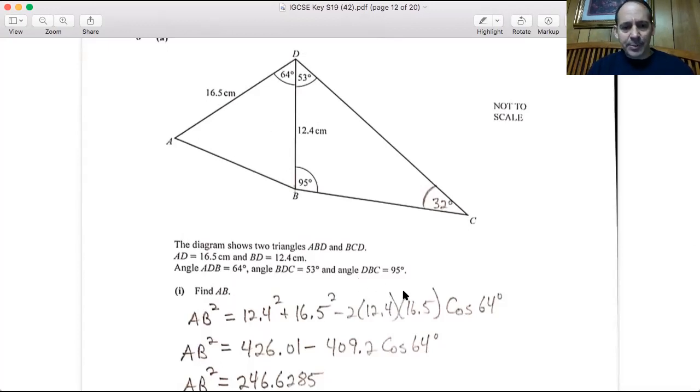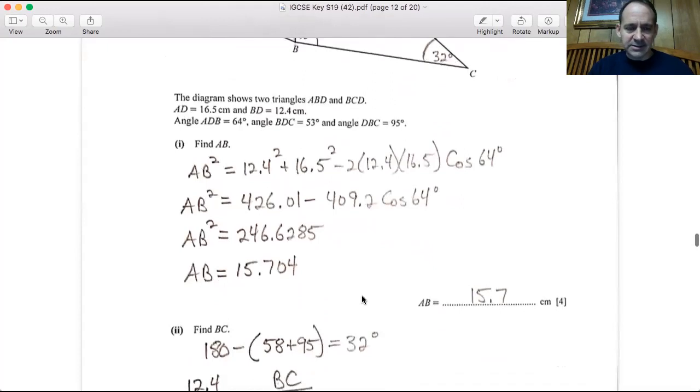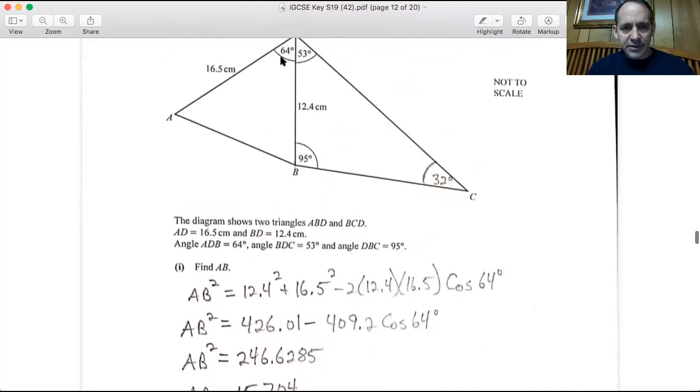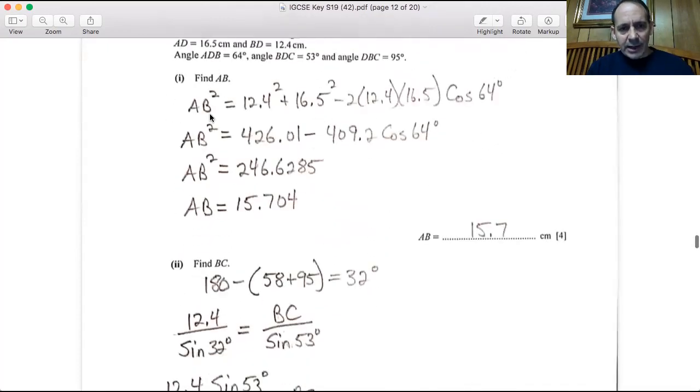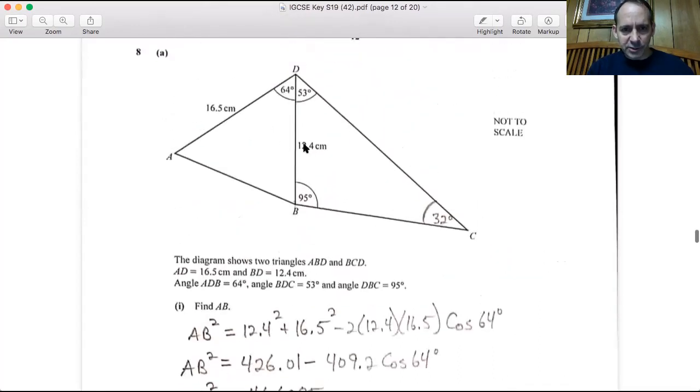So if you don't have a pair, you have to use the law of cosines, where AB is opposite the angle. So AB squared equals 12.4 squared, that's the 12.4, and here's our 16.5 squared, minus 2 times the 12.4 times the 16.5 times cosine of the angle. This is your law of cosines formula.